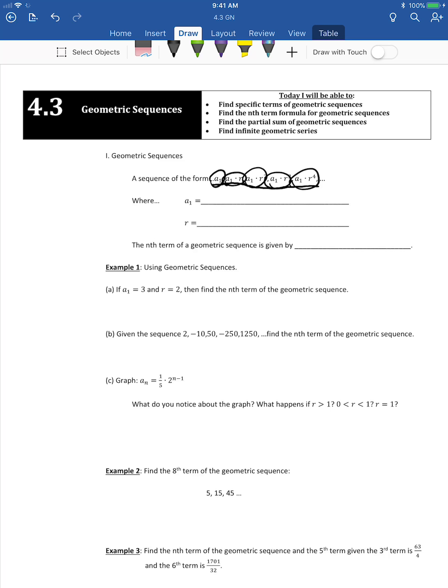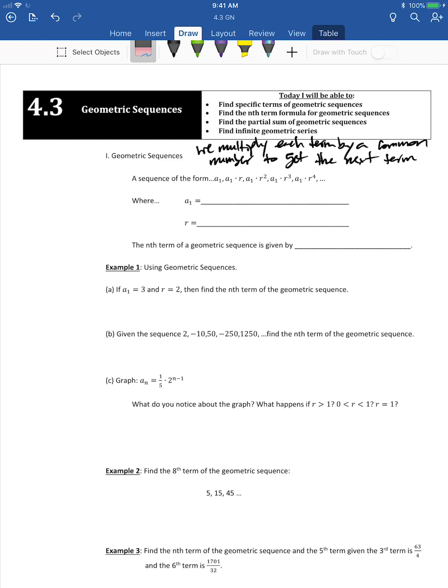So really, for a geometric sequence, we multiply each term by a common number to get the next term. So for arithmetic sequences, we were adding the same number to each term to get the next term. Now we're multiplying each term by the same number.